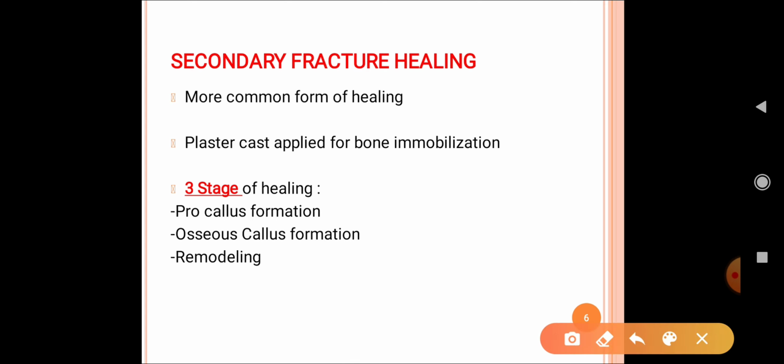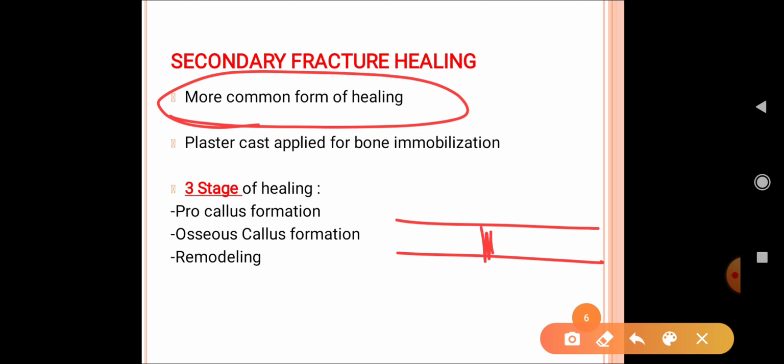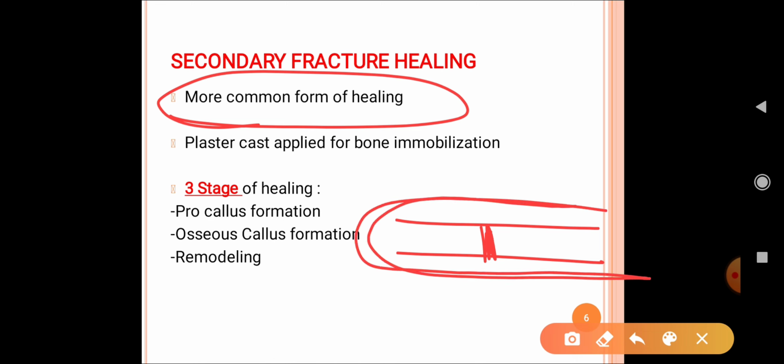So remember guys, it is a more common form of healing. Most fractured bone healing occurs in a secondary way. Here, suppose you are having a fracture, then the doctor will apply a plaster cast around it.